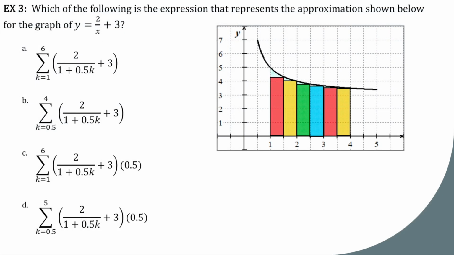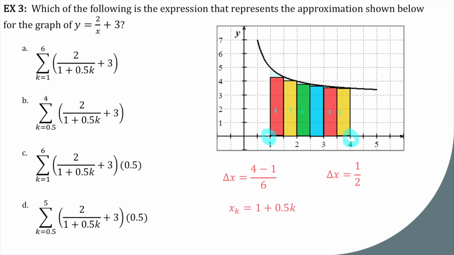Which of the following is the expression that represents the approximation shown below for the graph of 2 over x plus 3? Well, let's go through our process. Delta x is the ending point minus the starting point, divided by how many rectangles there are. 1, 2, 3, 4, 5, 6. So our delta x is 1/2.